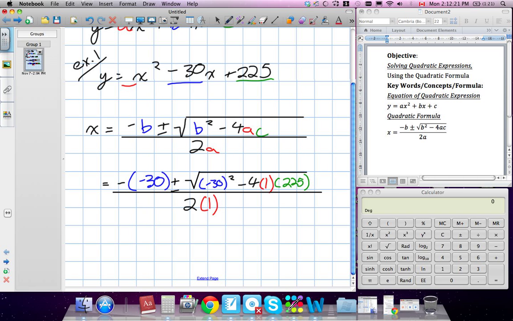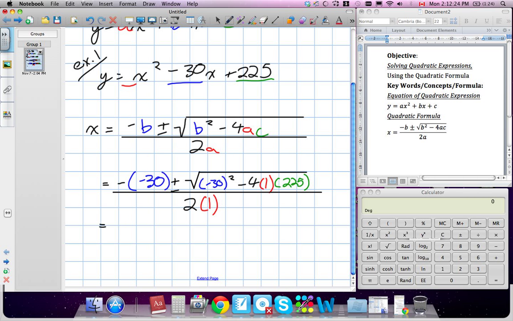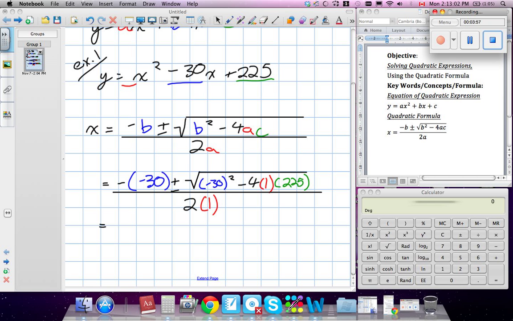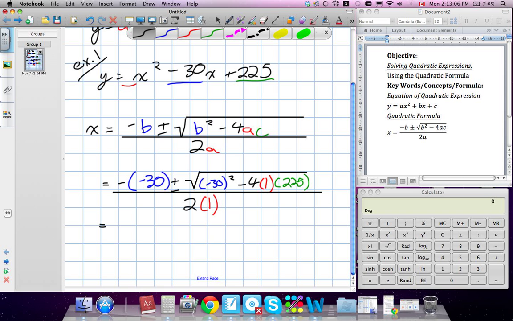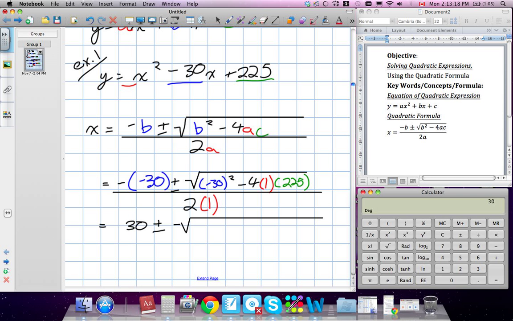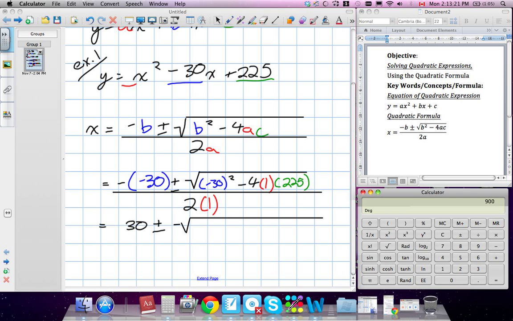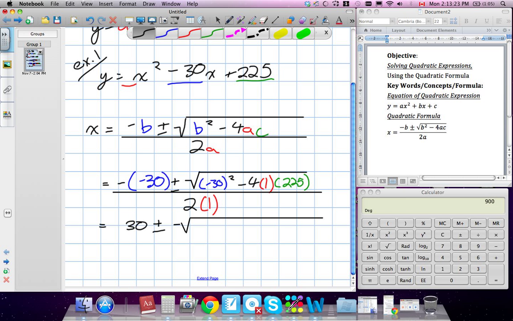So, negative 30 is the same as positive 30, plus or minus the square root of negative 30 squared. So, negative 30 squared is 900. 4 times 1 times 225 is 900 again.